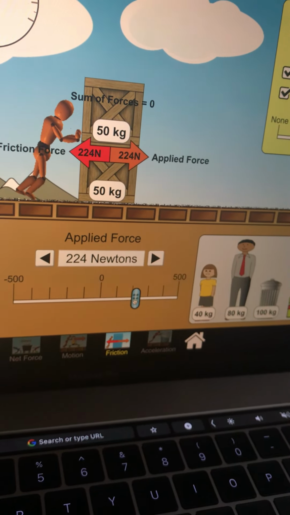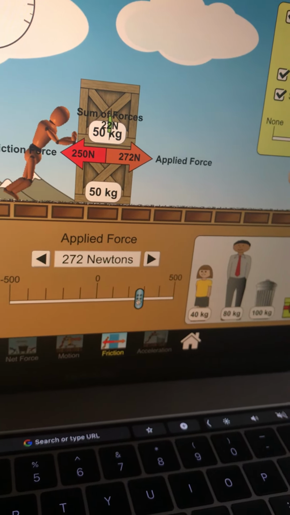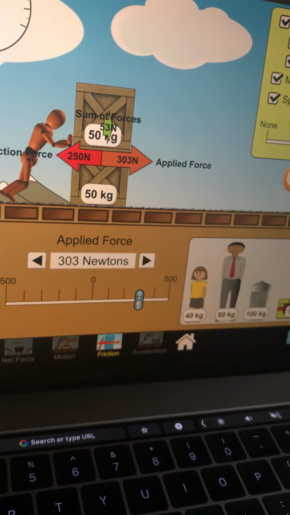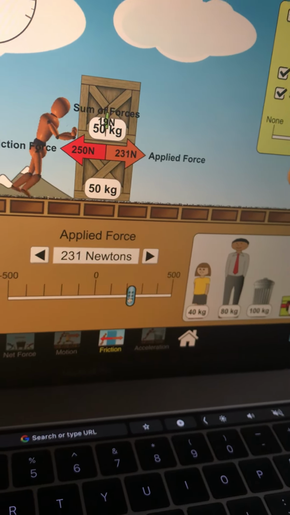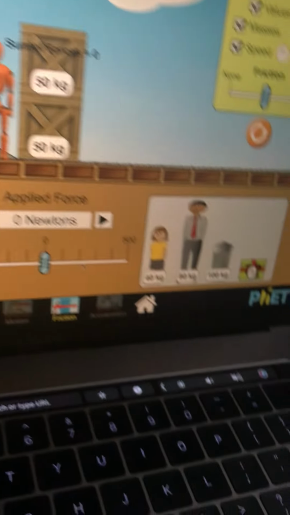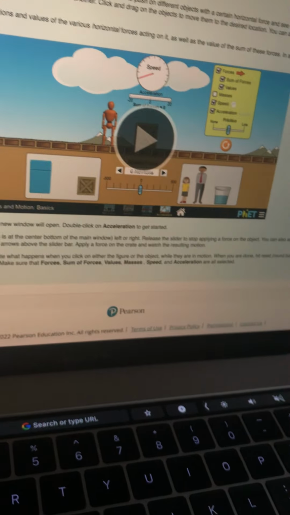So we have friction working against us. And just like that, the sum of forces is positive right at 250 for friction. So now, where were we?